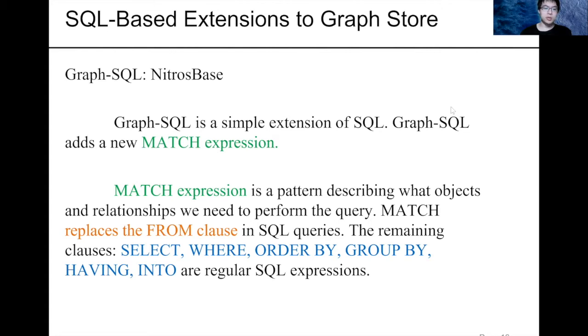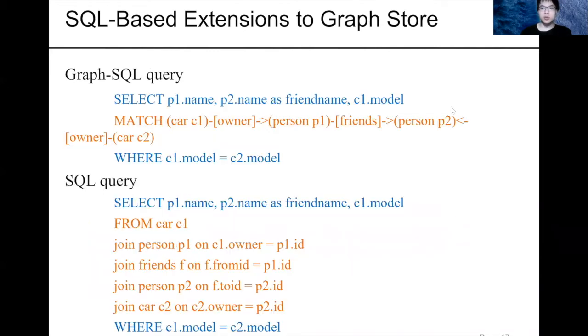The remaining clauses SELECT, WHERE, ORDER BY, GROUP BY, HAVING, INTO are regular SQL expressions. Therefore, as long as a graph can be represented as relational data, SQL can also be used for simple queries on graph data. But GraphSQL is more efficient.